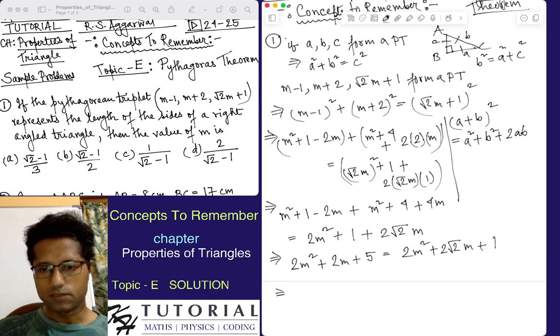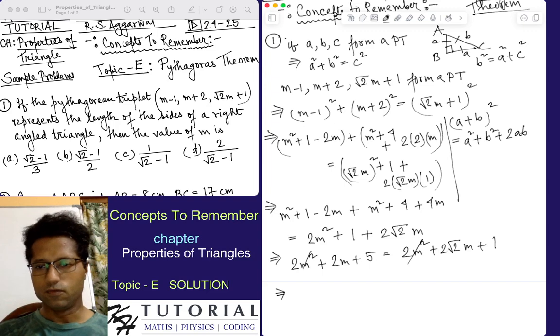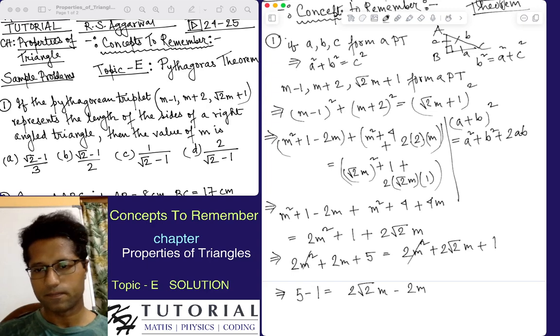Now this implies you can cancel out 2m square from both sides, and if you bring the m terms on the left hand side to the right hand side and bring all the constants to the left hand side, we get 5 minus 1 equal to 2 root 2 m minus twice m.